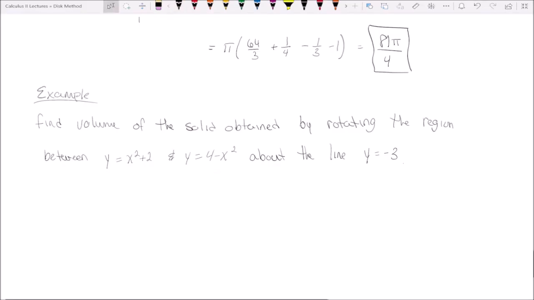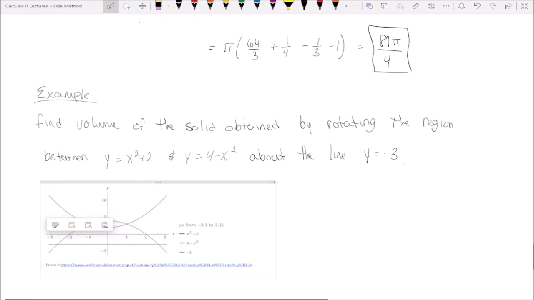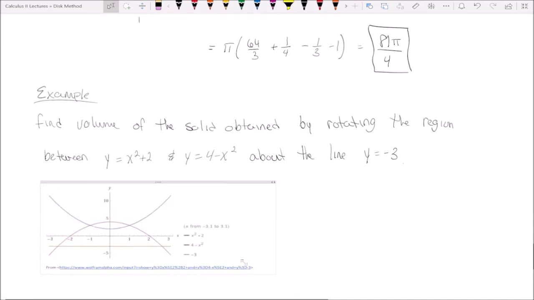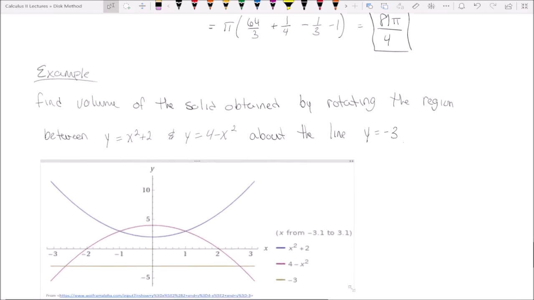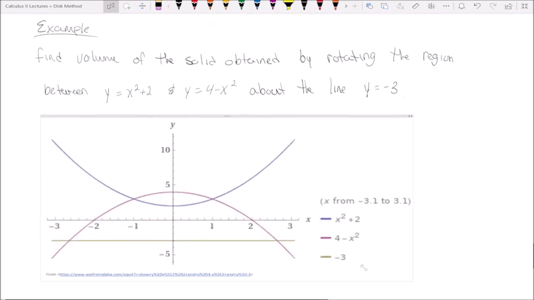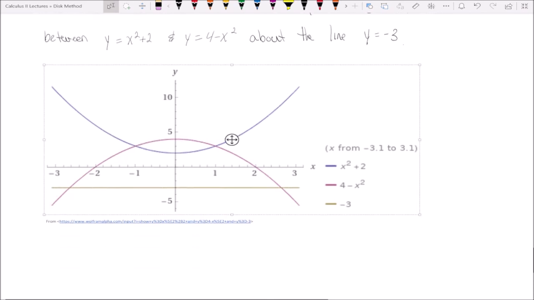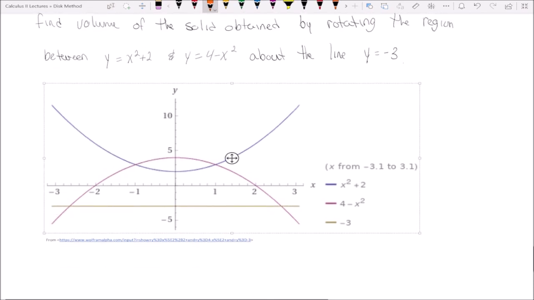Let's bring all that over here. I want to make this as large as possible. So the region is right here, and we're rotating it about this line.